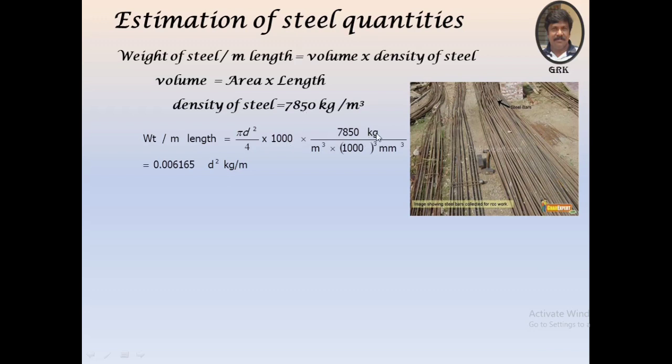The density of the material, which is kg per meter cube, has been converted, and we obtain the final fraction as 0.006165 d square, where this is the weight per meter length. 1 meter length of the steel will be equal to 0.006165 d square, and the weight finally is measured in terms of kgs.